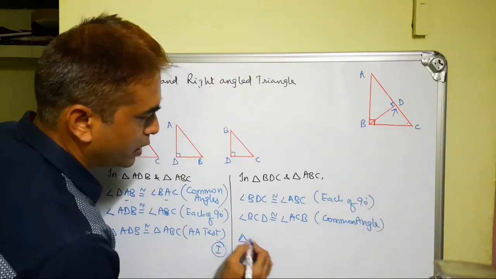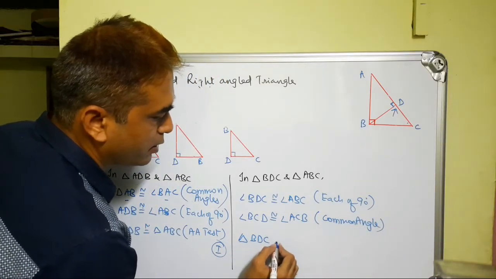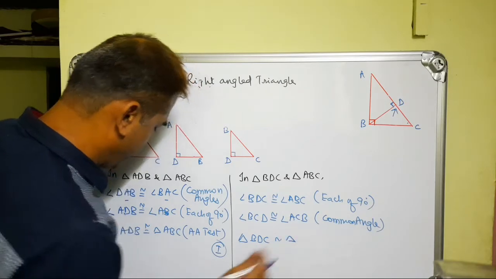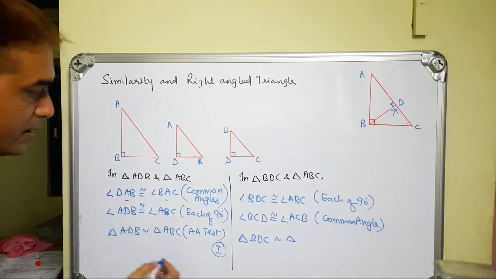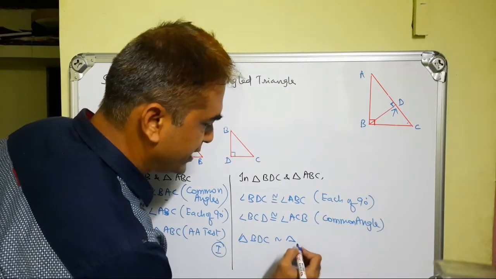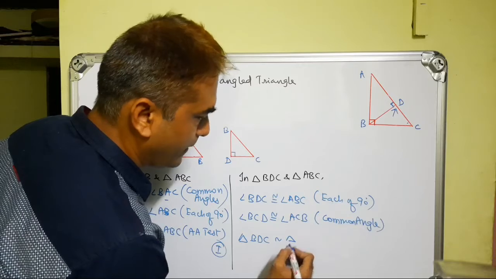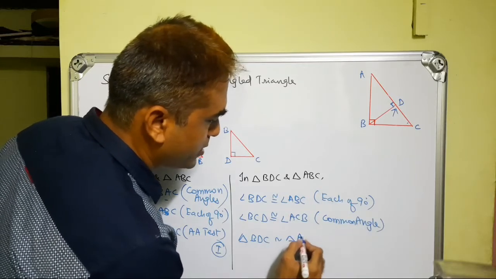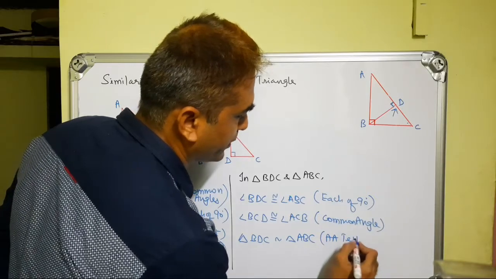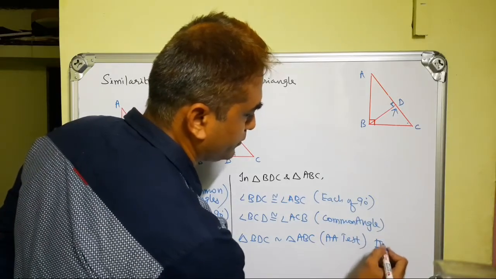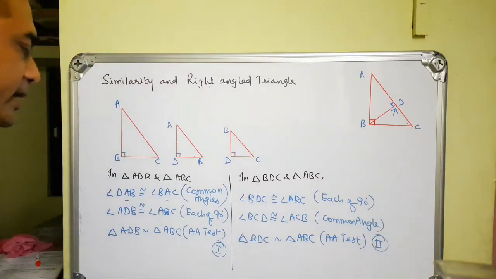And therefore triangle BDC is similar to triangle ABC, similarity, not congruent, similarity. Therefore triangle BDC is similar to triangle ABC, by which test again? AA test of similarity. This is point number 2.